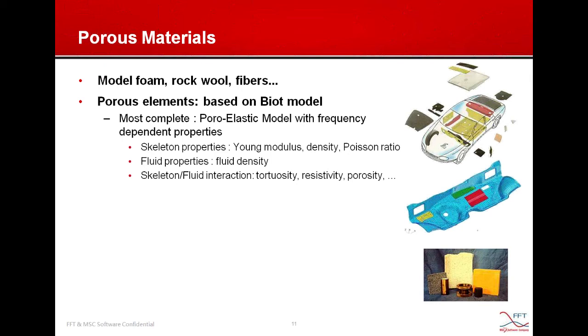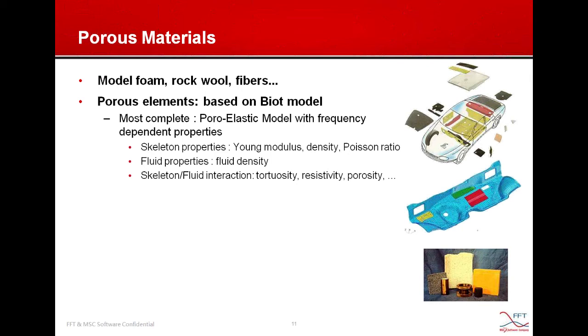This model looks at the behavior of the foam skeleton, the behavior of the internal fluid medium, and the interactions between both phases. This model is the most accurate one, but it also requires the most knowledge of the porous properties.